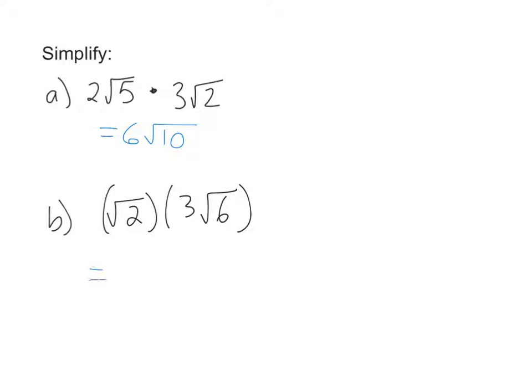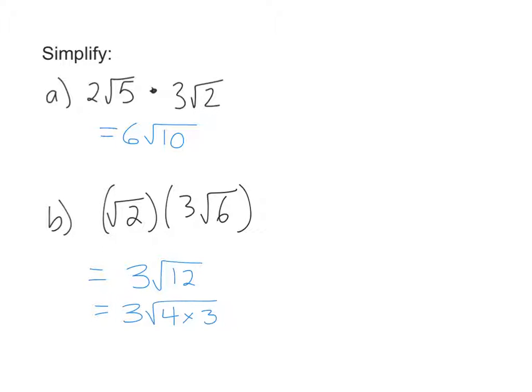In the next one, the coefficient on the first factor is a 1 multiplied by 3, so it's just 3. And then 2 times 6? 12. This one's not finished. Because 12 has a perfect square factor of 4. 12 is 4 times 3.